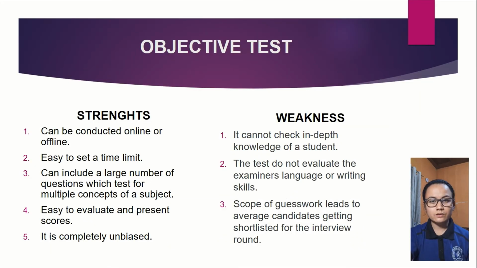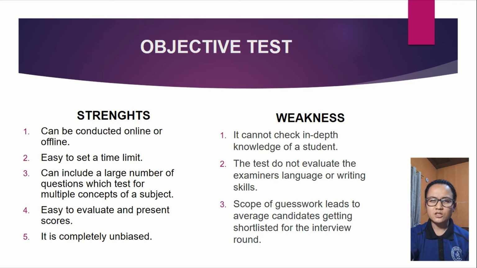Now let's go to the strengths and weaknesses of objective tests. The strengths of objective tests include the following. First, can be conducted online or offline. Second, easy to set a time limit. Third, can include a large number of questions which test for multiple concepts of a subject. Fourth, easy to evaluate and present scores.